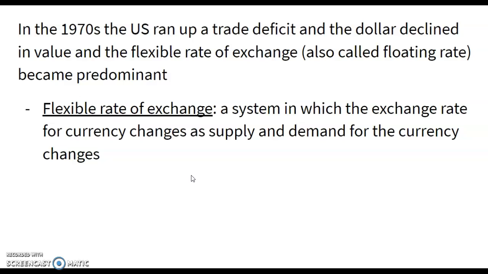In the 1970s, the U.S. ran up a trade deficit and the dollar declined in value, and the flexible rate of exchange, also called the floating rate, became predominant. So a flexible rate of exchange or a floating rate is a system in which the exchange rate for currency changes as supply and demand for the currency changes. And so just make sure you know that definition. It's not something we talk about a whole lot, but I would definitely make sure that you're familiar with it.